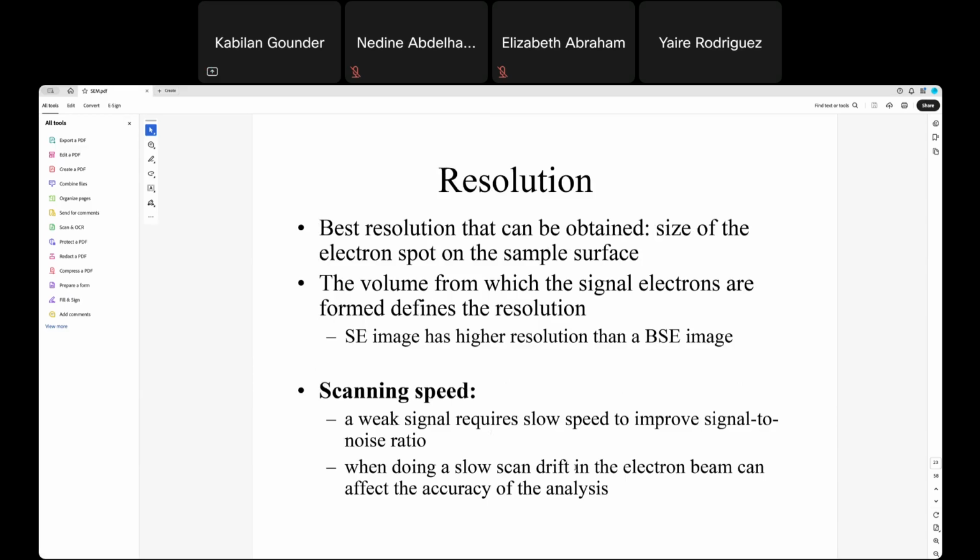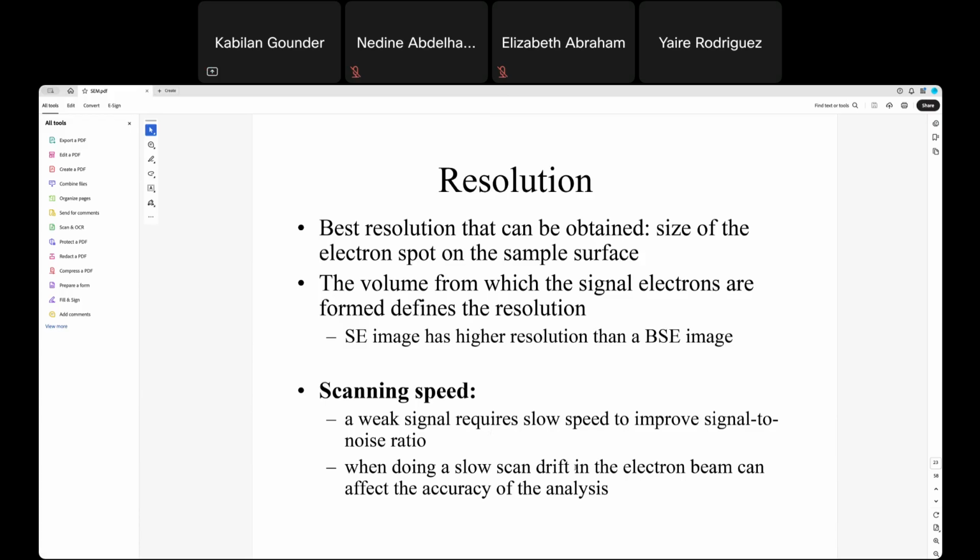The resolution is very important for the electron microscope, because here we increase to higher magnification, like more than 500,000 times, so the resolution is also important when you increase the magnification. The best resolution that can be obtained is determined by the size of the electron spot on the sample surface. As I mentioned earlier, the area of electrons striking is very important.